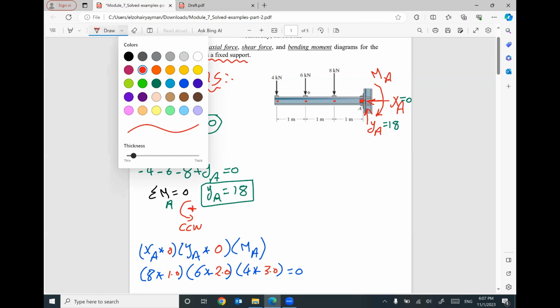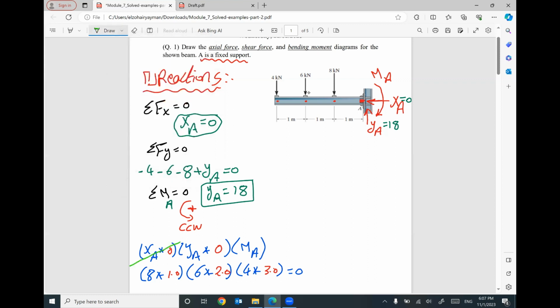I don't care about the direction of this term or this term. Based on my assumption, counterclockwise is positive, this moment is clockwise, so MA will be negative. 8 times 1 will rotate down about A, counterclockwise, positive. 6 will be positive, 4 will be positive.